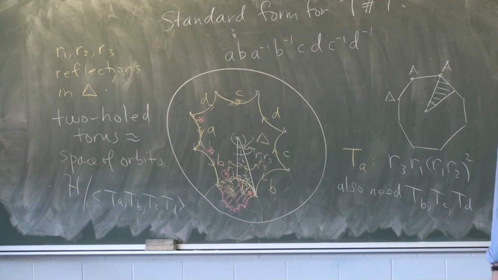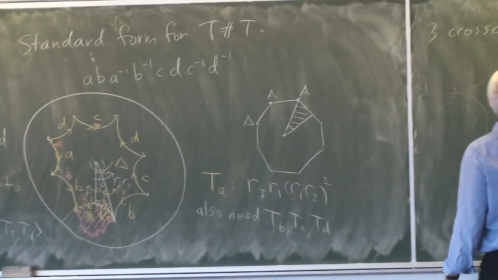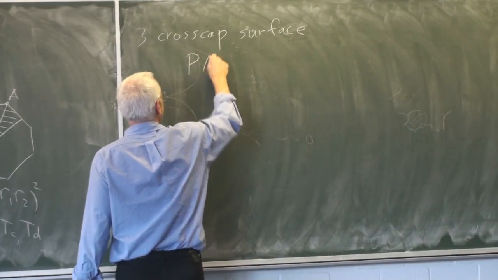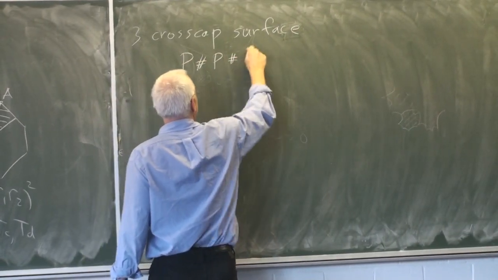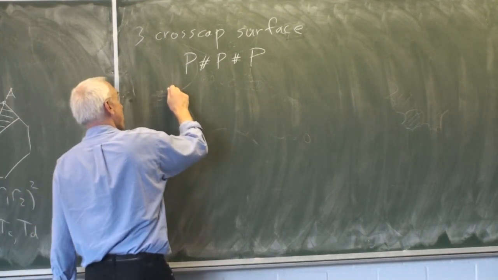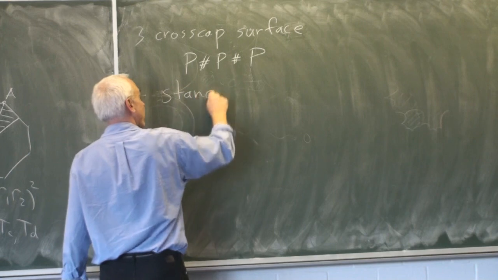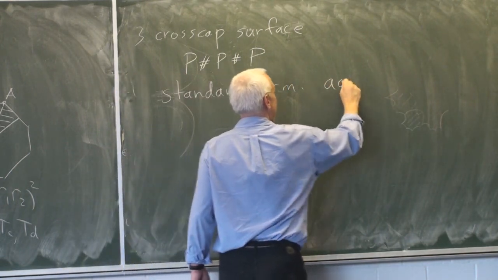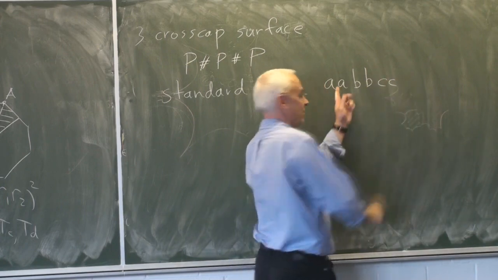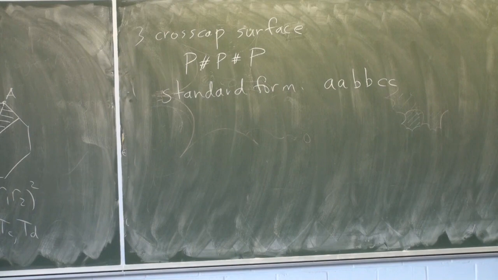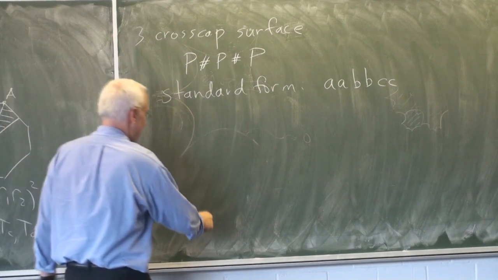So for our 3 cross-cap surface, which was P plus P plus P, our standard form was A, B, B, C, C, 3 cross-caps. So we can try to do the same thing for that.